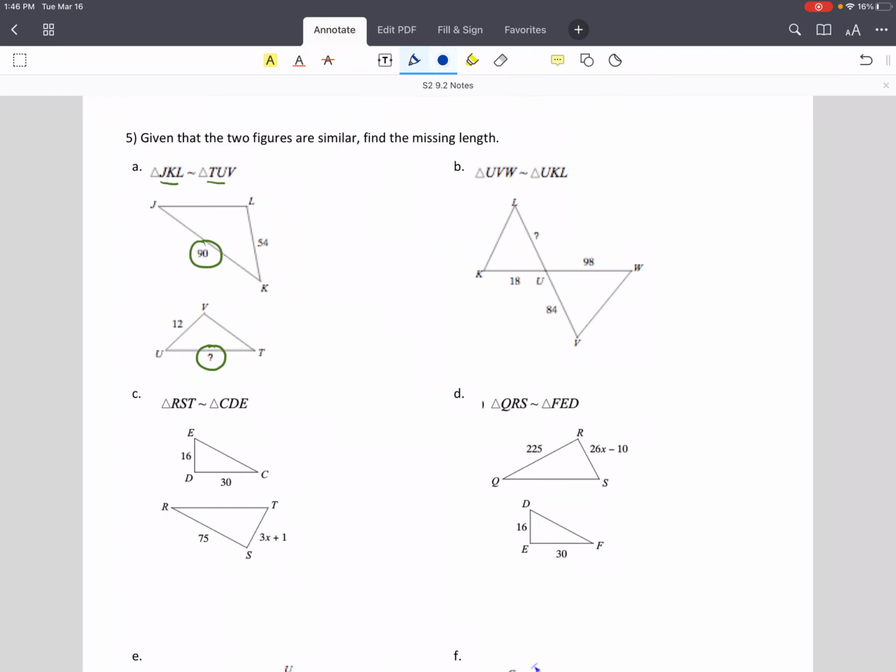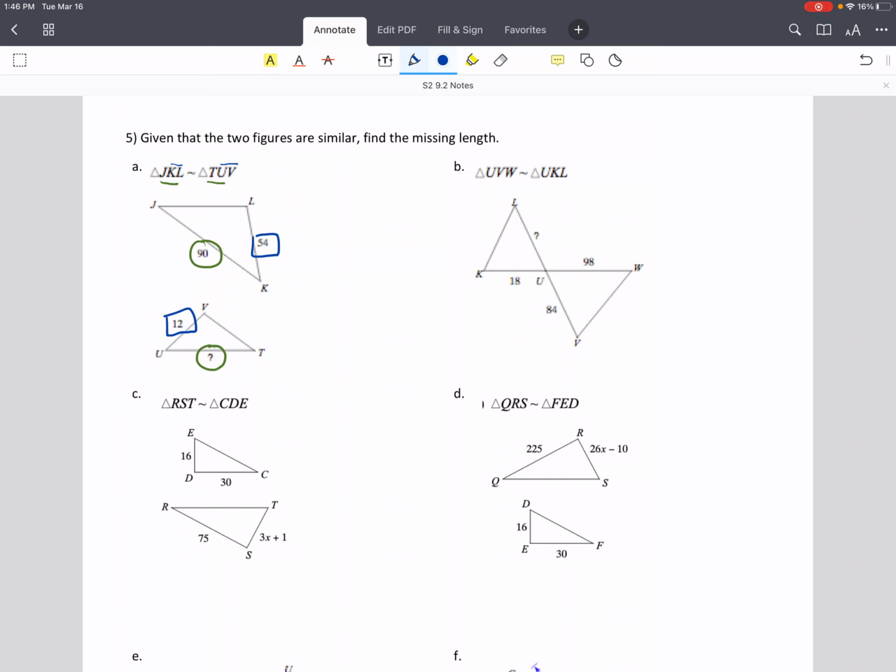And then I see that LK, or KL, is going with UV. And so here's what I can do. If they're similar, that means they've been multiplied by the same scale factor. So how about we just find the scale factor?